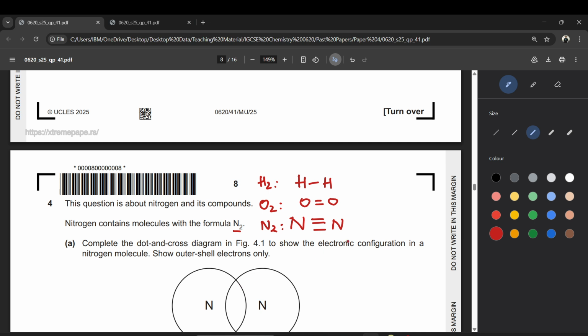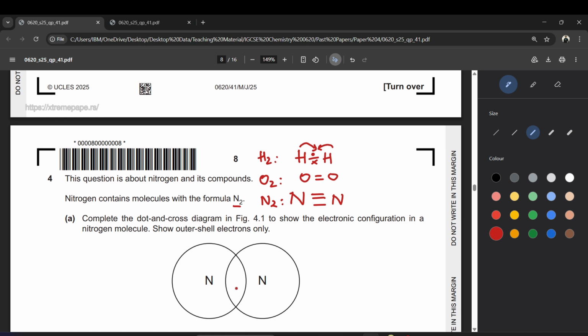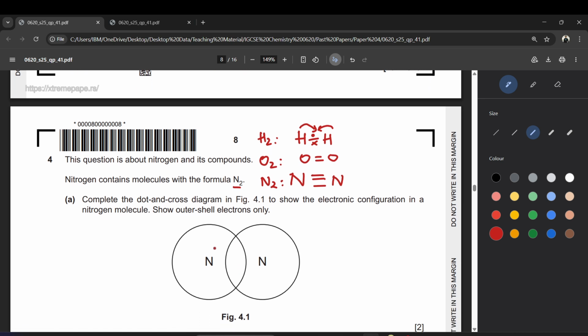For hydrogen, one electron comes from here and one electron from here, so a pair of electrons is being shared. In the case of oxygen, two pairs of electrons are shared, so each oxygen atom shares two of its electrons. In this case, there are going to be three electrons from each nitrogen.